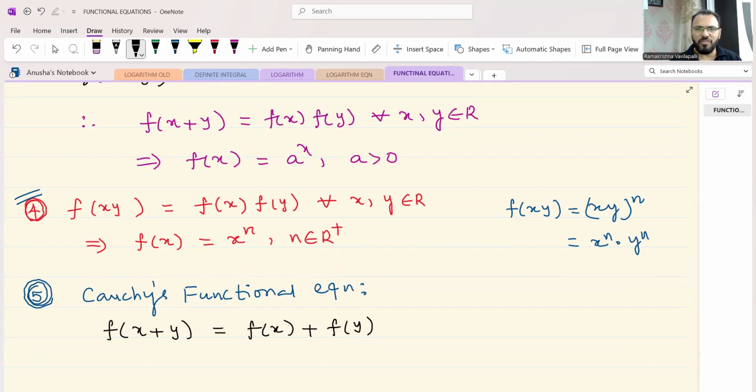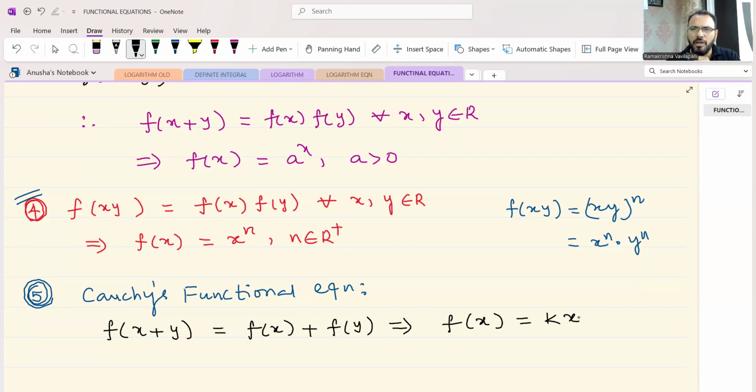Sum to sum. The solution of this function is f of x equal to k into x.